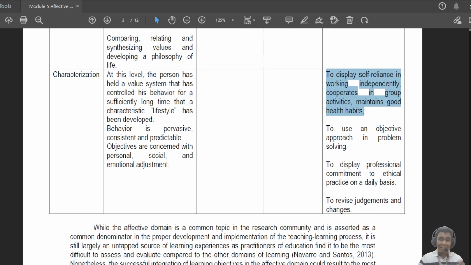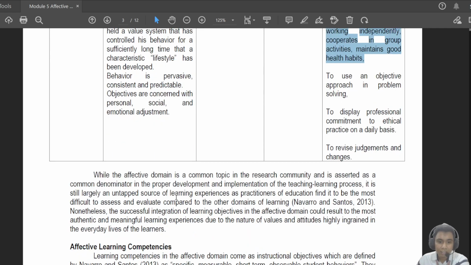Okay? Maaaring dapat isang buwan, maaaring dapat isang buong quarter para makita yung characterization. Again, characterization is not made for short lessons.